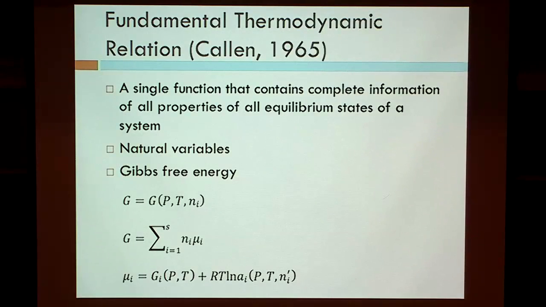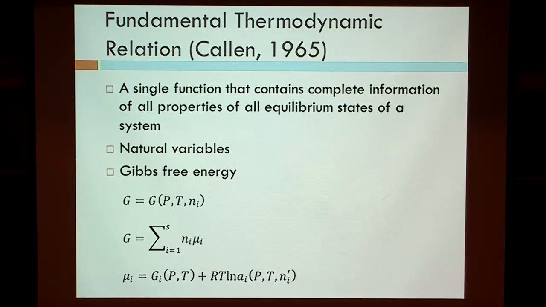Okay? So this contains all the thermodynamic properties that you might be interested in: heat capacity, thermal expansivity, density, elastic constants, etc. You can calculate all these from a single functional form just by taking derivatives of it. All the information is contained in that. So a very powerful concept.